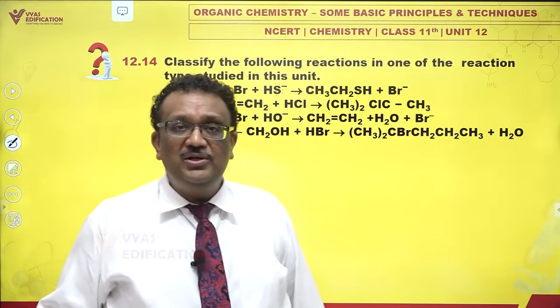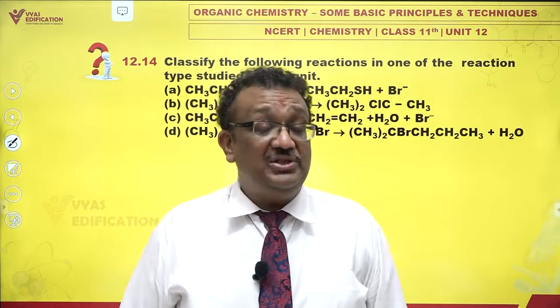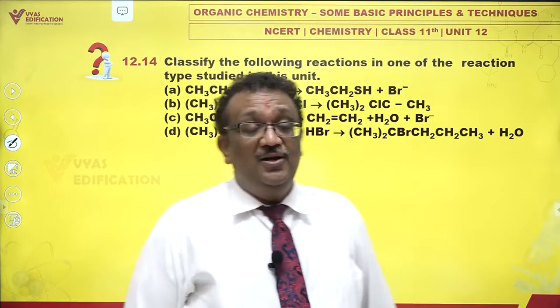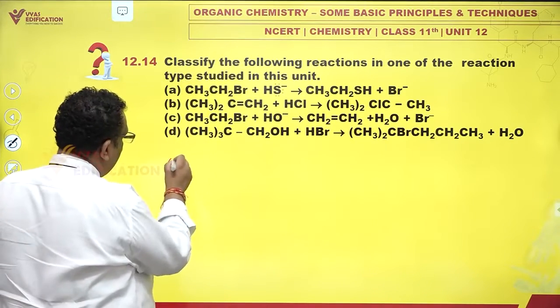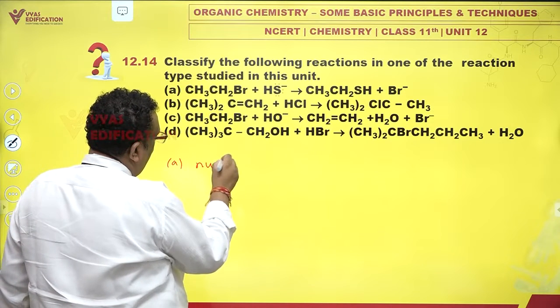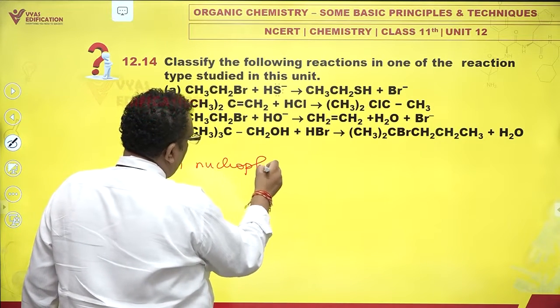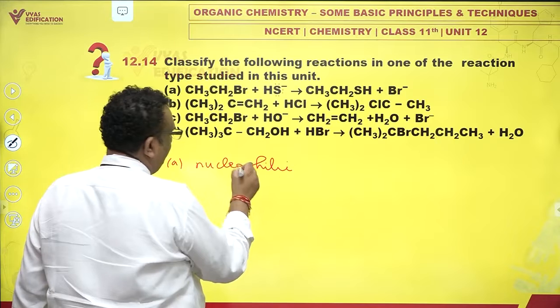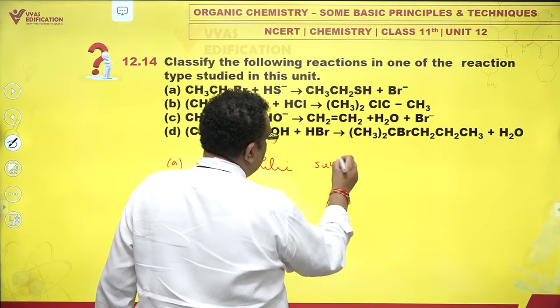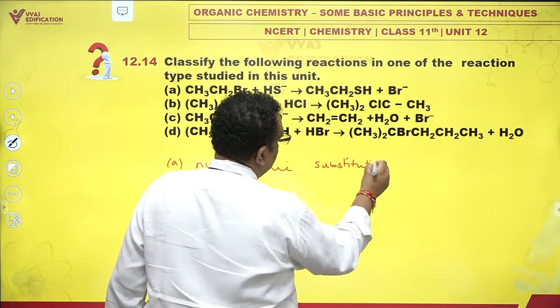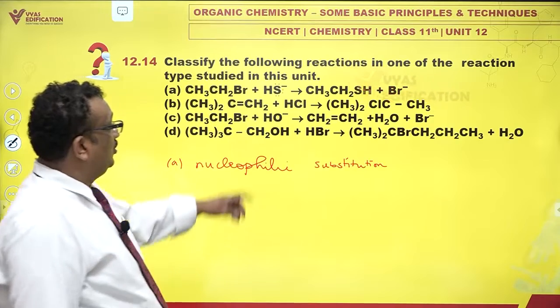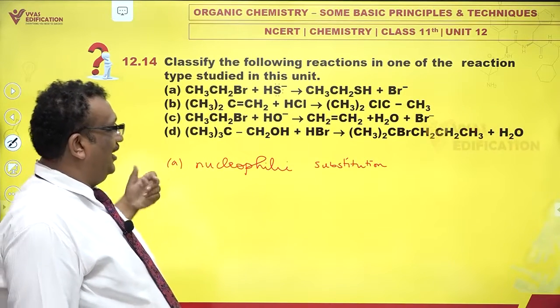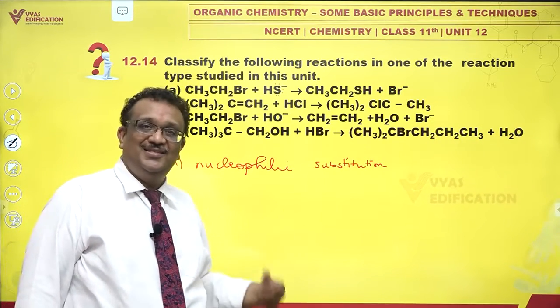It has lone pairs, it is trying to donate lone pairs. Yes, it is a nucleophile indeed. So this first reaction is nucleophilic substitution. It has a nucleophile, so nucleophilic, and it undergoes substitution.